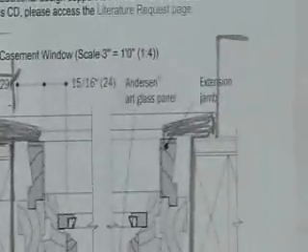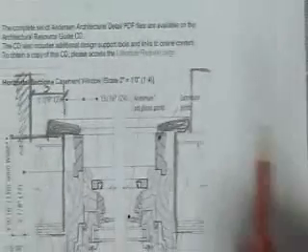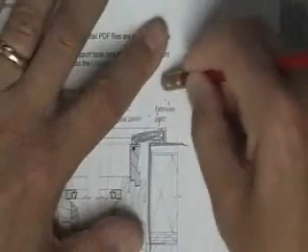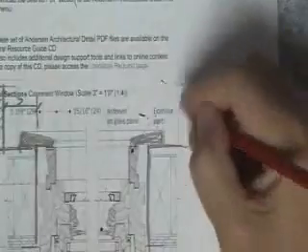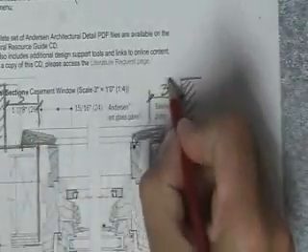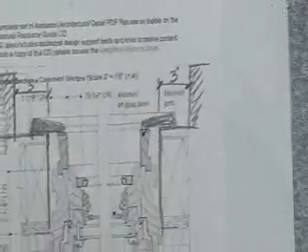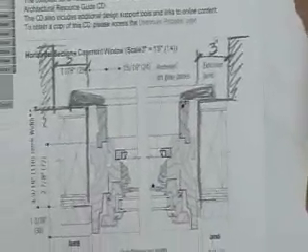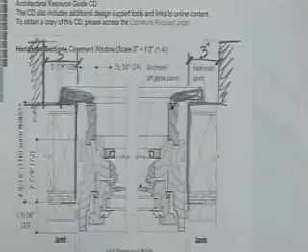The other thing, I'm going to zoom back here just a little bit, is that whatever the distance is over here, I want that same distance over here. So from the edge of the rough opening, if it's 3 inches over here, I want 3 inches over here. If we don't do that, it gets pretty distracting as you're looking at a window.